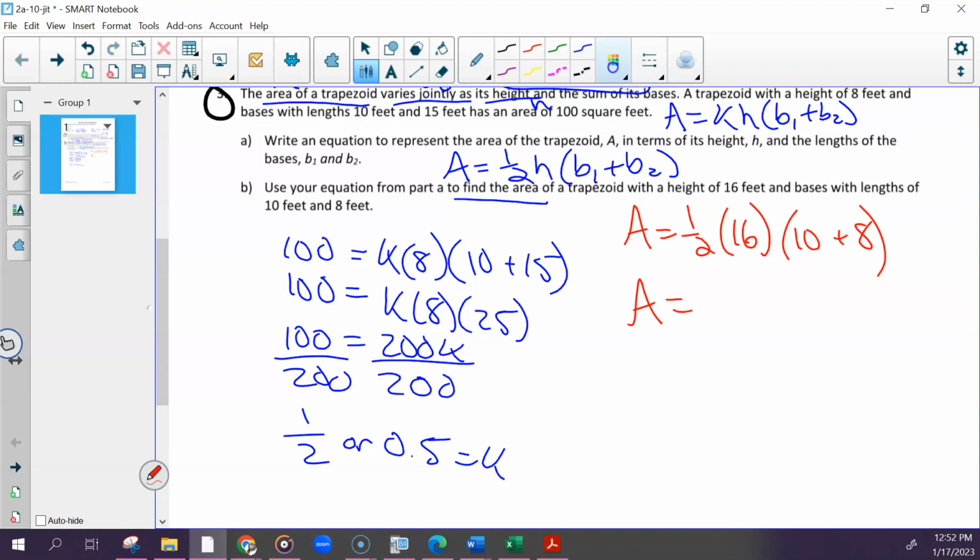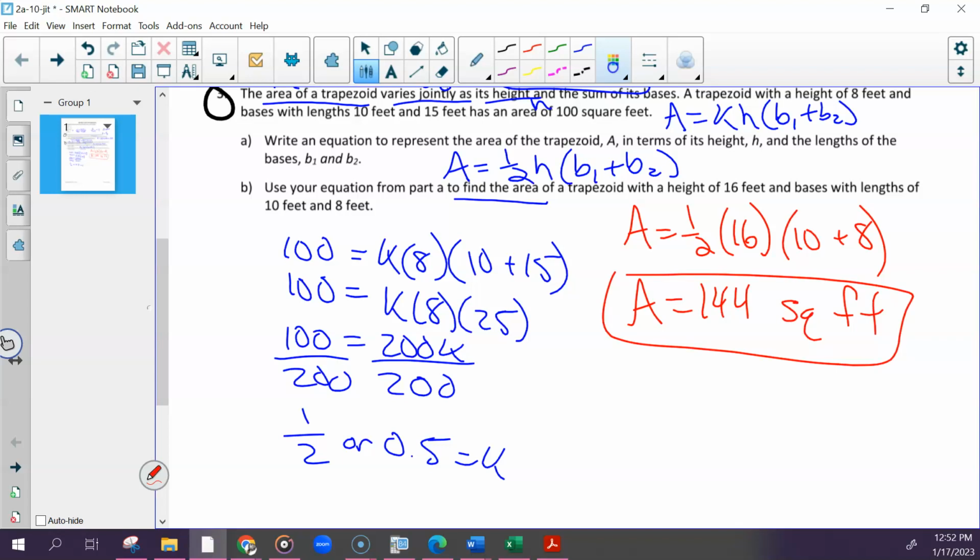I got 144. Yes. And then if we look back for what was the units on area, square feet. So 144 square feet was our final answer for that. Questions on that?